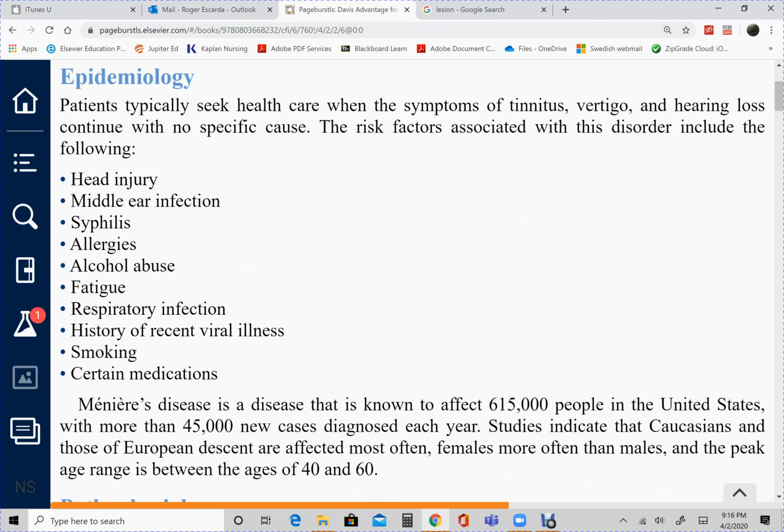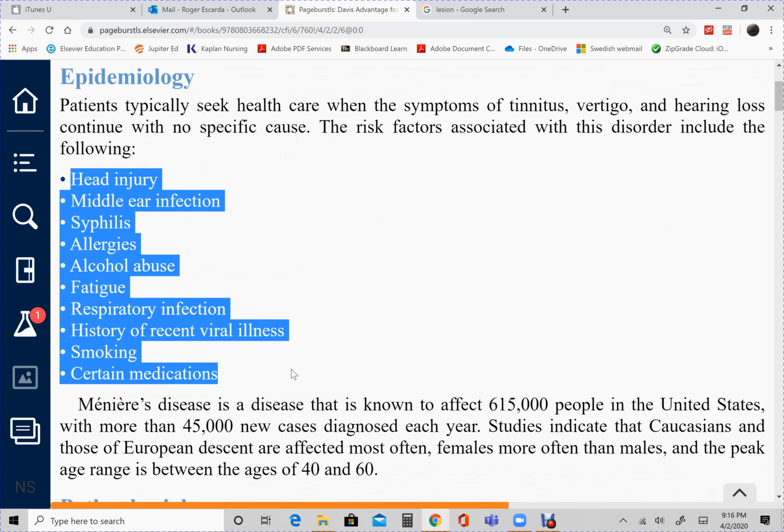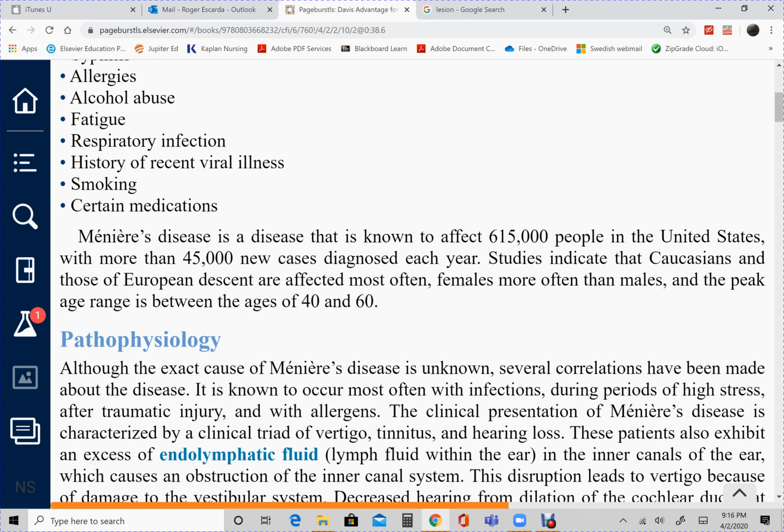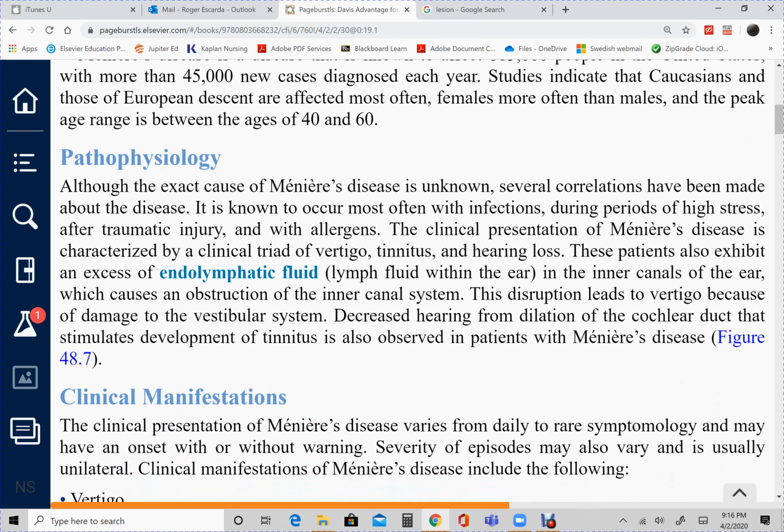Here are some causes and also risk factors, or you can also say these can exacerbate or trigger an attack. There is no cure for this thing. You can only manage it.